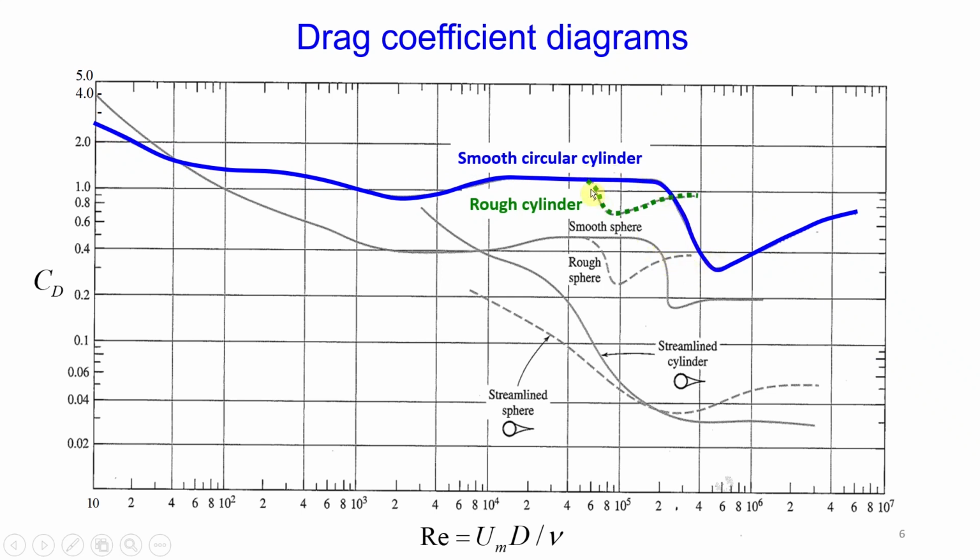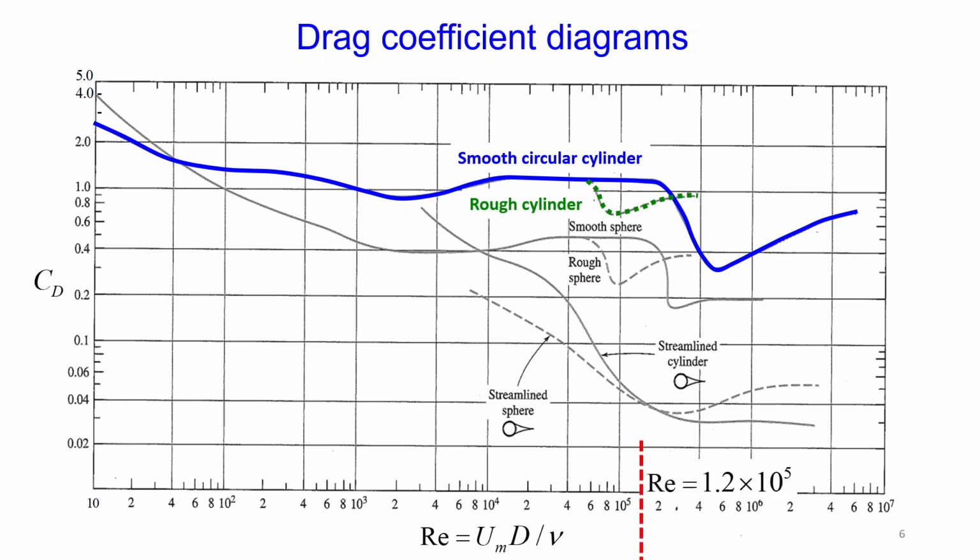If the surface of the cylinder was roughened, you can see that for a specific range of Reynolds number, the drag coefficient will be reduced. This is for a rough cylinder. There are also lines which show the drag coefficient for a sphere, smooth and rough, but we are not using this. So how to read data from this diagram?